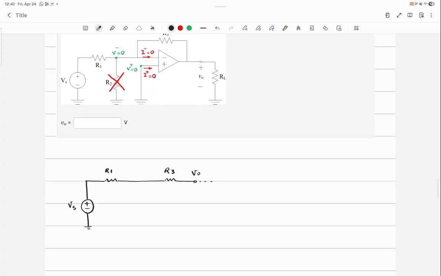So there is one more thing that I need to put on this equivalent circuit, and that is the voltage between R1 and R3. What's the voltage here? 0 volt. Okay? Now, let's see. Let's look at this piece of circuit. What am I looking for? VO.